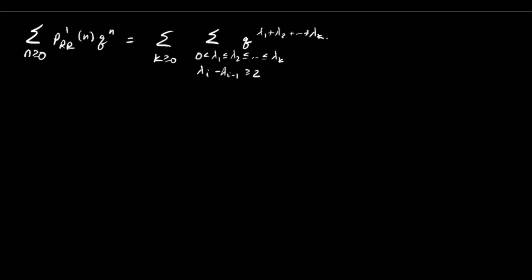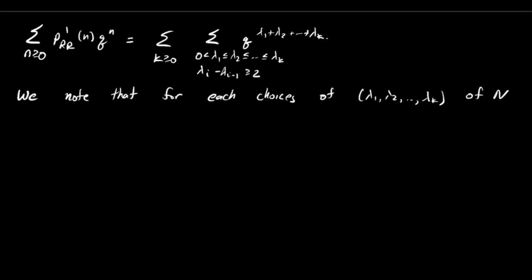As long as you fix one order when you're writing this out, that's fine. The one thing to notice is we're imposing this difference 2 condition in our sum. So we're saying lambda i minus lambda i minus 1 is greater than or equal to 2. That's imposing our difference 2 condition. And what do we have? Well, one thing we note is that for each choice of partition lambda 1, lambda 2, lambda k, let's say of some number n, the first thing is lambda 1 has to be bigger than or equal to 1, right?